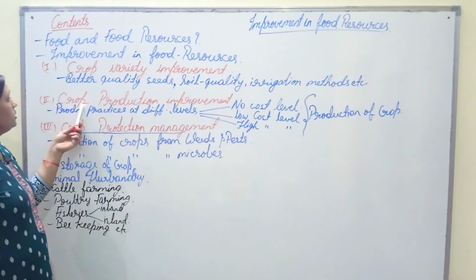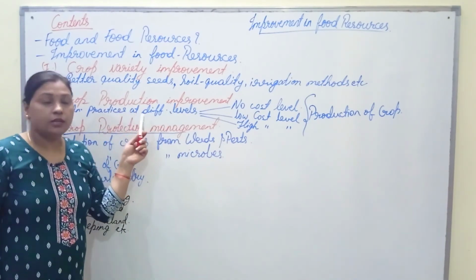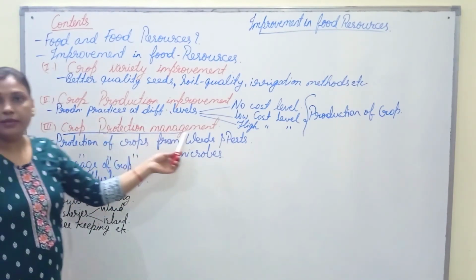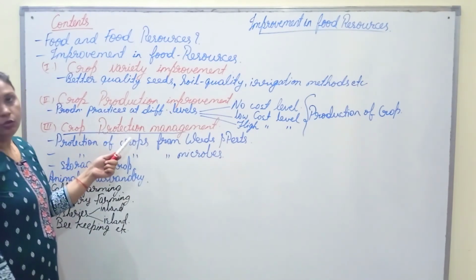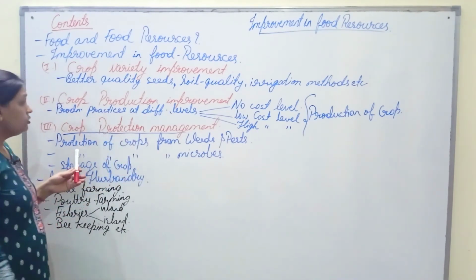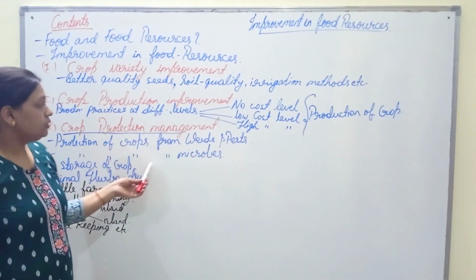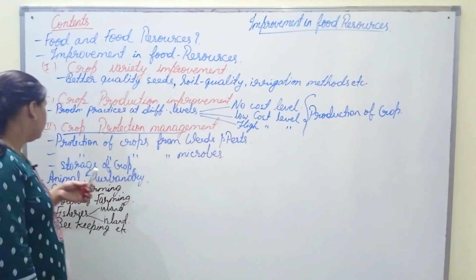And the second one is crop production improvement, how the production of crops can be improved. And the third step is crop protection management, in which we will talk about how the crops are protected from weeds and pests, and from the attack of different microorganisms.